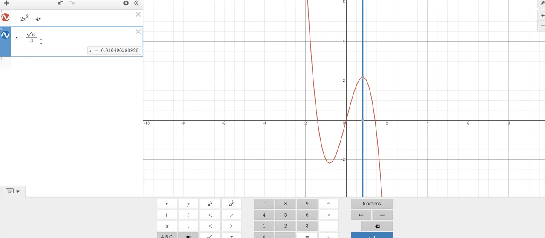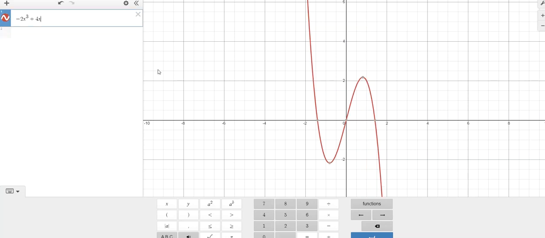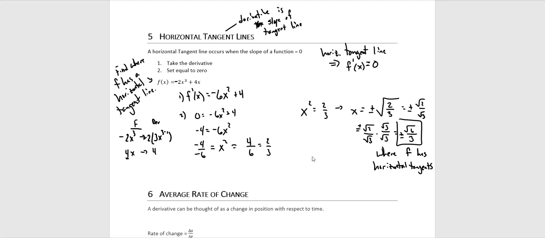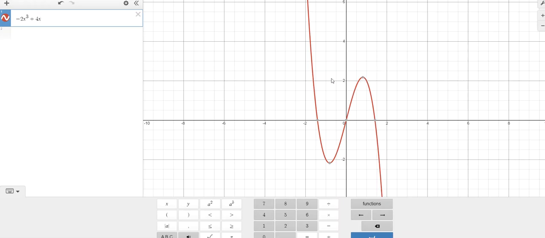And this is the answer that WebAssign is going to want more than the decimal that we see on Desmos, on our TI, or on whatever calculator we're using. Graphing, we can verify this. Did you notice on those graphs, these places with horizontal tangent lines are where it changes?